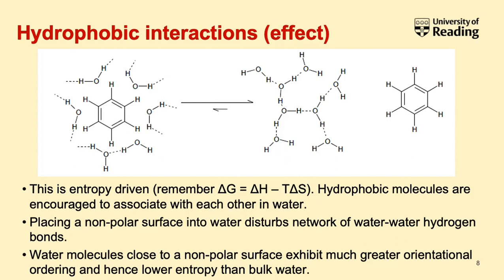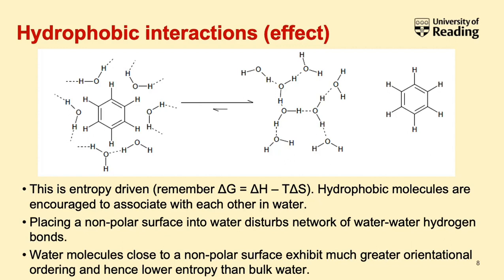Placing a non-polar surface in water disturbs the network of water's hydrogen bonding. It reduces the ability of water to hydrogen bond, and it causes reorientation of that network of hydrogen bonds to give fewer but stronger water-water hydrogen bonds close to the non-polar surface, as you can see on the left here.